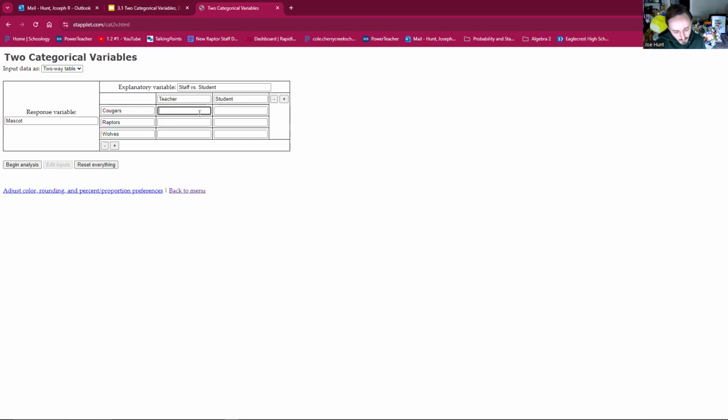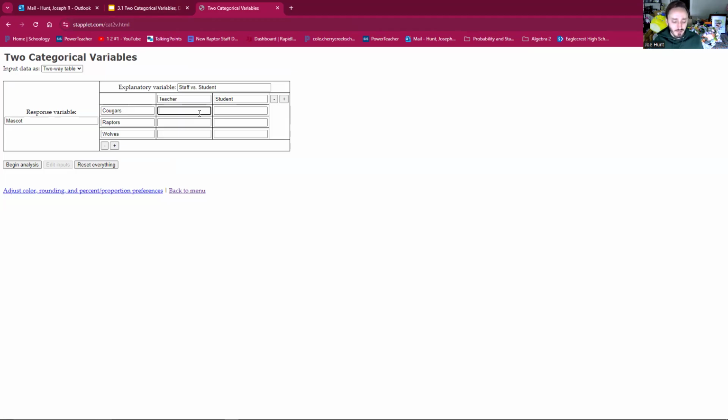Now, one of the difficulties that we see in our two-way table is that we have percentages, right? Which means we have to think about what that percent is saying for some number of people out of the whole group, right? So let's assume for the moment that there were 100 teachers and 100 students that got selected, just for the sake of the argument, to make this a little easier to think about.